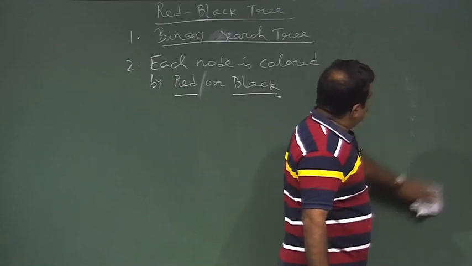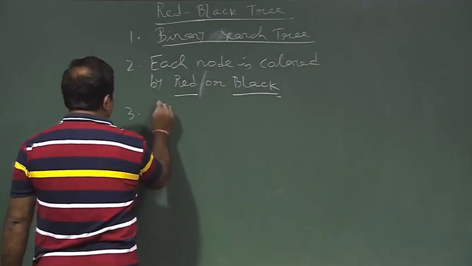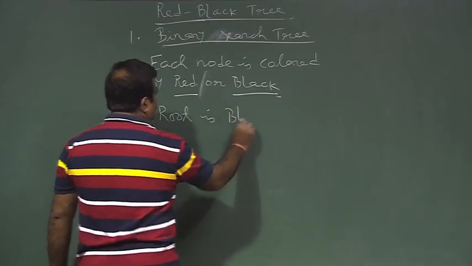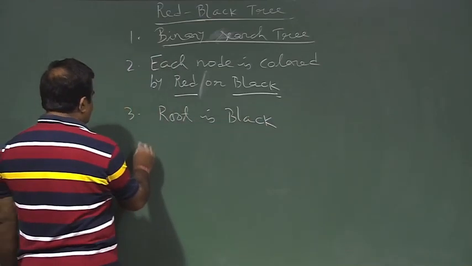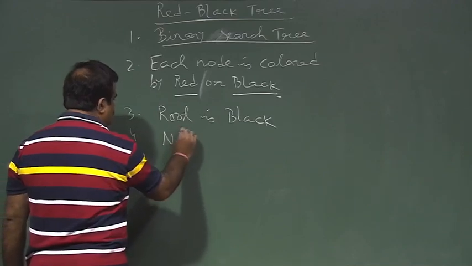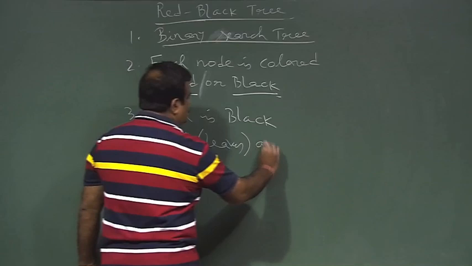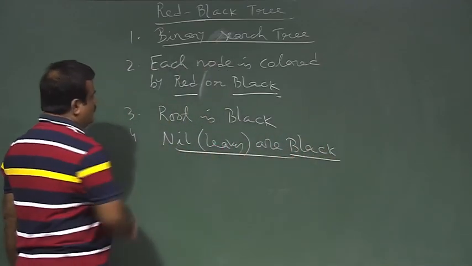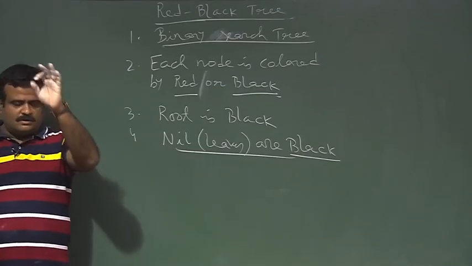Another property is that the root is black, and the nils, the leaves, are black. The nils are basically new leaves, and we will come to an example. Leaves here may not be the original leaves.